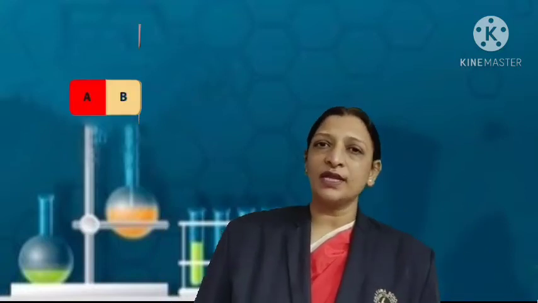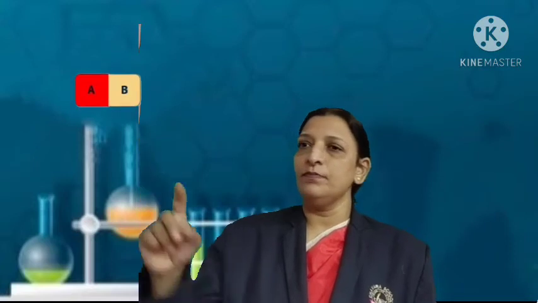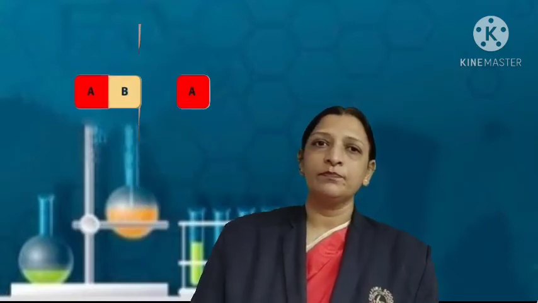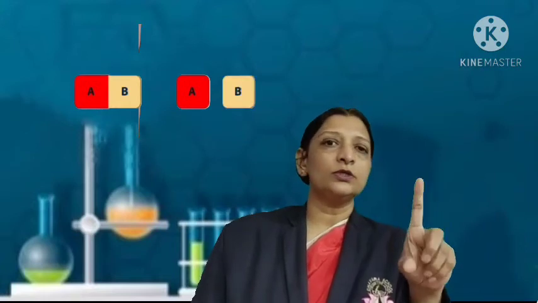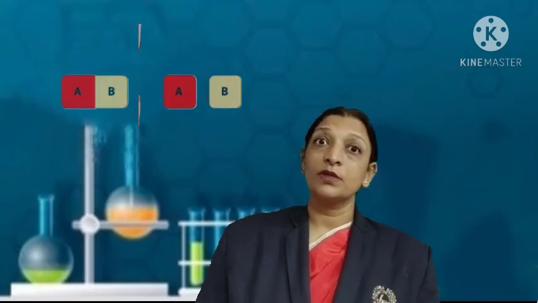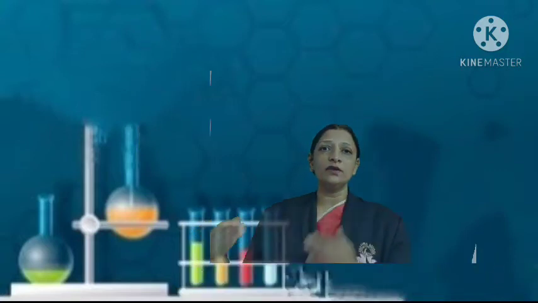Here, if you take the substance AB and break it down chemically, then it will give the two products A and B, which shows decomposition reaction. Let us study in detail.